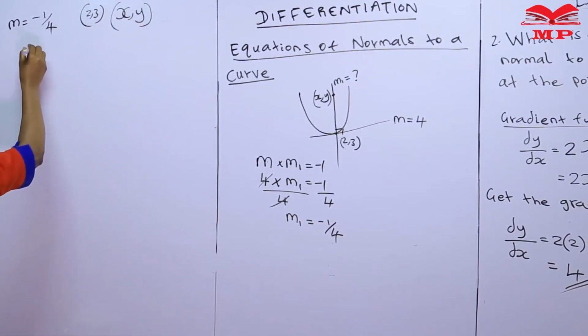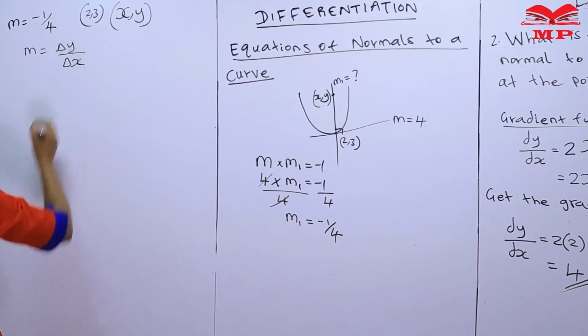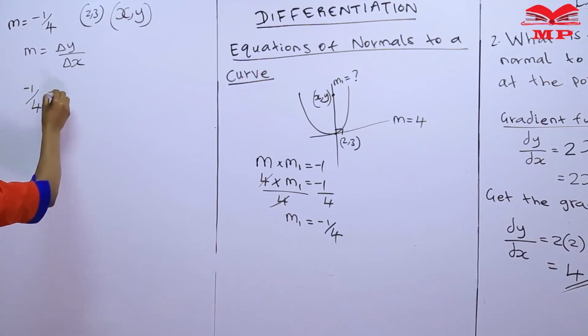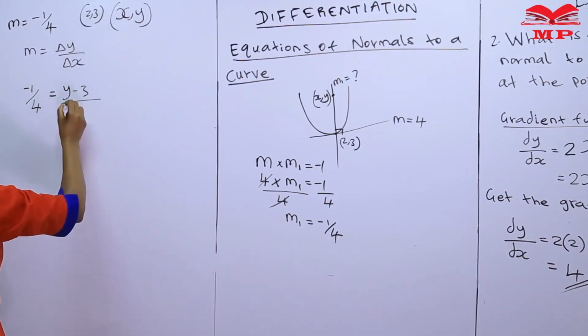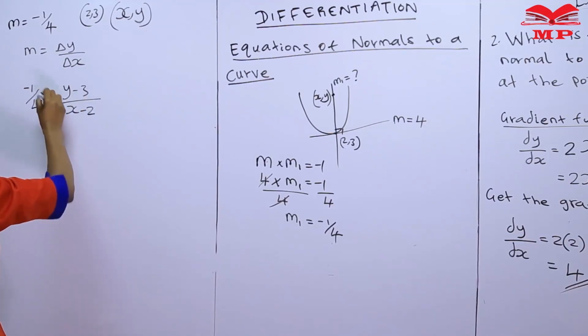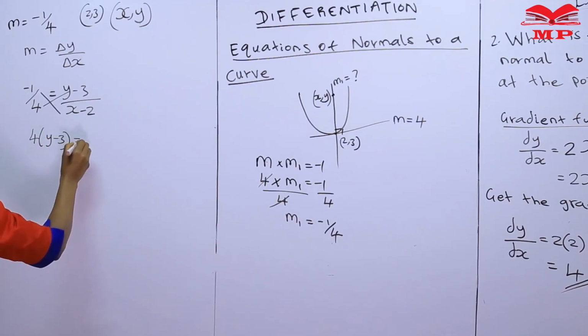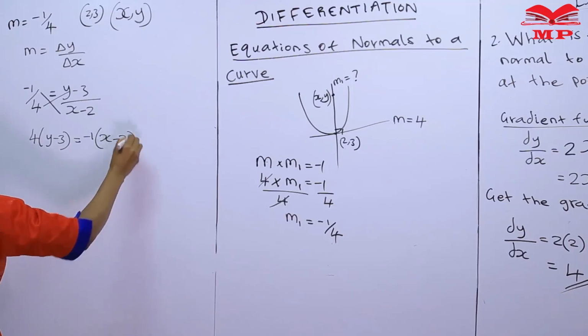We know gradient is given by change in y over change in x, so -1/4 equals y minus 3 divided by x minus 2. Then we cross multiply. So we have 4 times (y minus 3) is equal to -1 multiplied by (x minus 2).